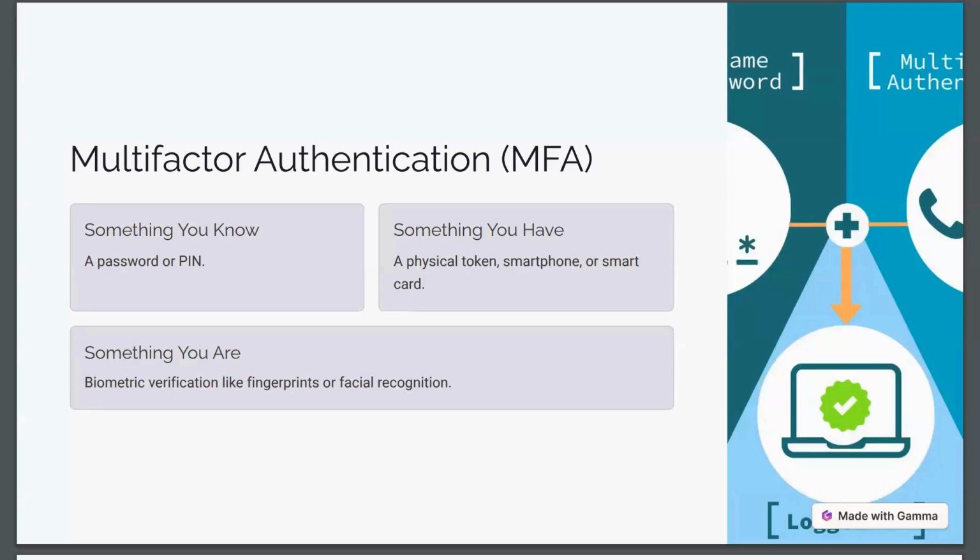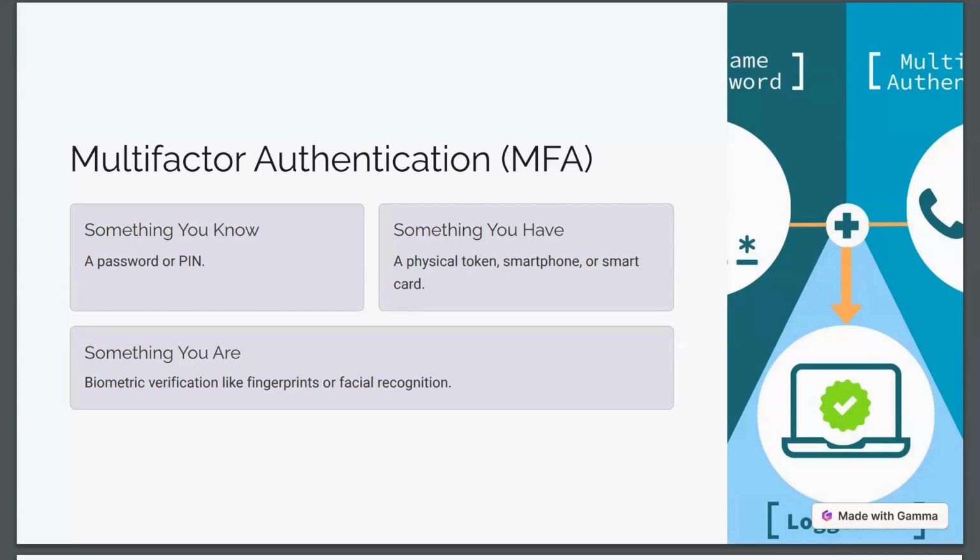So it will be, for instance, a PIN or a password, then maybe something you have like a physical token, your phone, your smart card, something in that sort. Most of us just use our phone. We have an authenticator app that allows us to put in a PIN. We have that app and it allows us to put in a certain number.